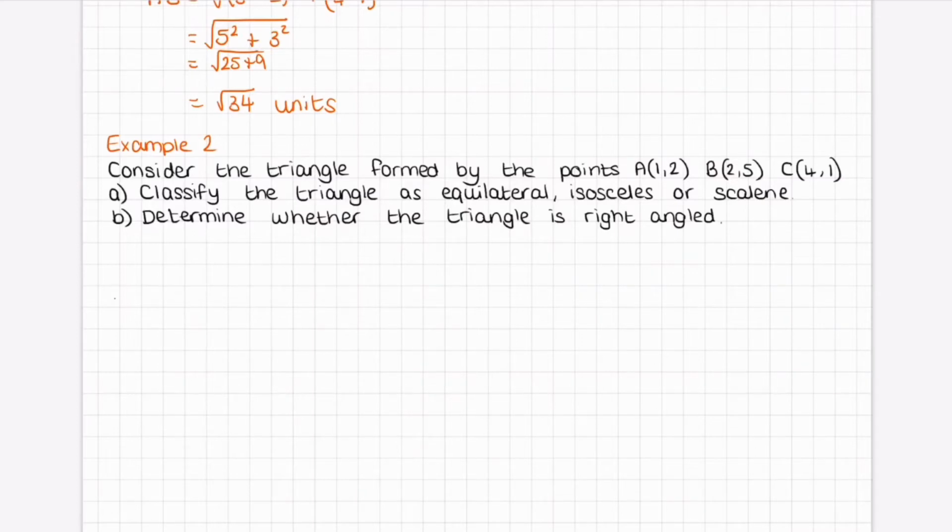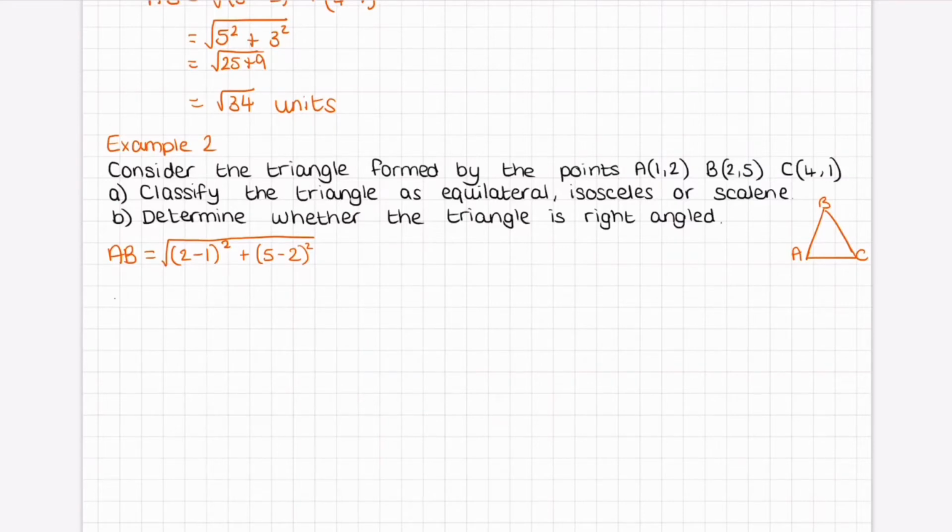So if we were to think about a triangle, we've got ABC, so we want to work out the lengths of each of those sides. So if we start with AB first, we know it's going to be the square root of 2 minus 1 all squared plus 5 minus 2 all squared. Now it doesn't actually matter which one you have as x1, y1 and x2, y2, as long as the 1s are in the same spot and the 2s are in the same spot.